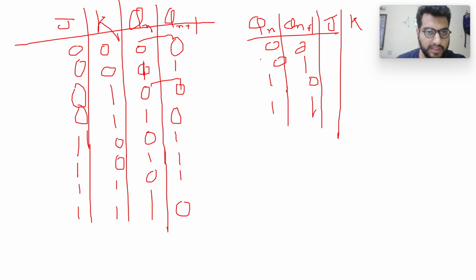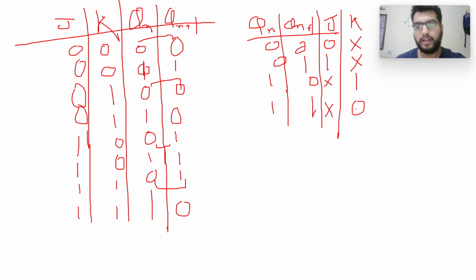So J remains as 0 and K is varying, so K will be don't care here. Now 0 1 is this and this. J is 1 and K is varying, so 1 don't care. Similarly for this it is x1 and this is x0. So this is my excitation table for a JK flip-flop.